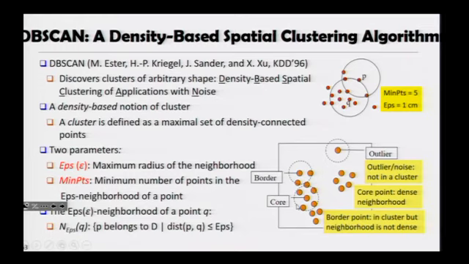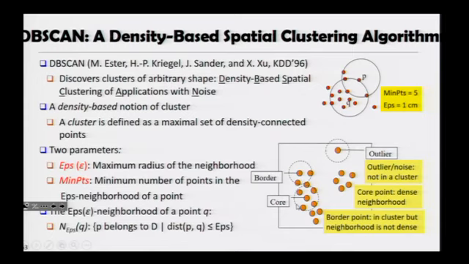In particular, for the outlier, if you calculate its density using this epsilon and the minimum points, in most cases the outlier will not satisfy the minimum points that you want given an epsilon neighborhood. So that's how the algorithm works here.